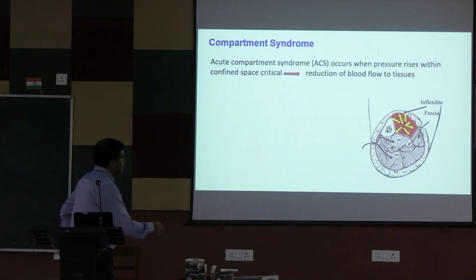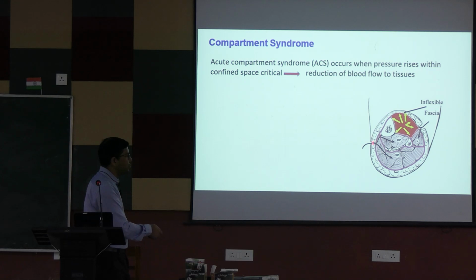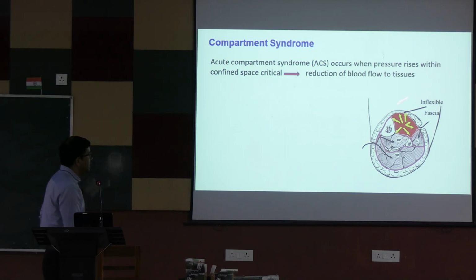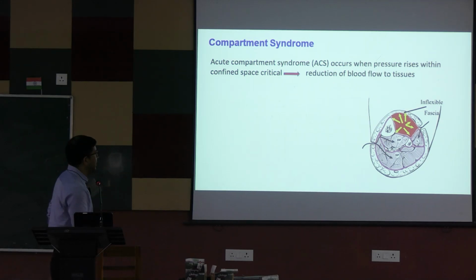So once there is a fracture, there is a hematoma, swelling, so naturally the pressure will rise within this compartment, right? If the compartment pressure, that is the interstitial tissue pressure, rises to a threshold that compromises the blood supply to the limb, then it can give rise to compartment syndrome.